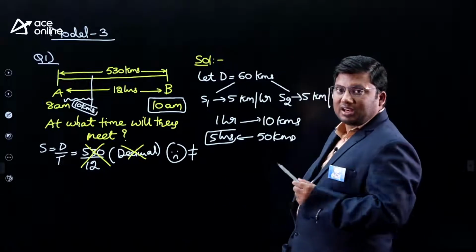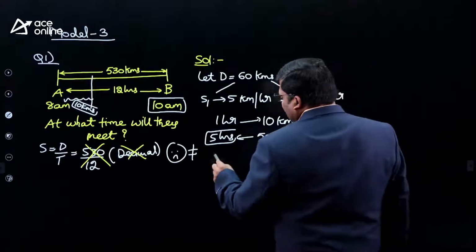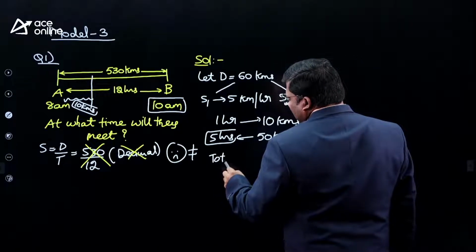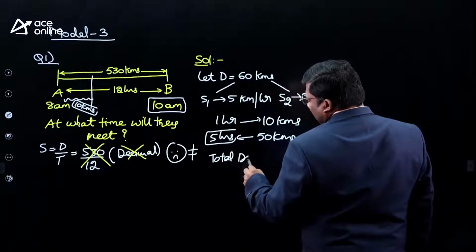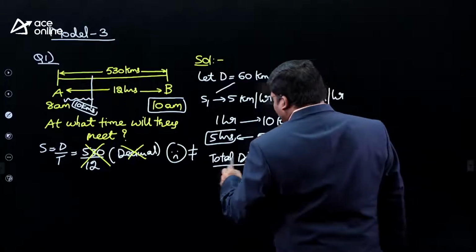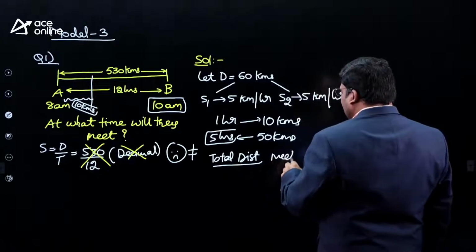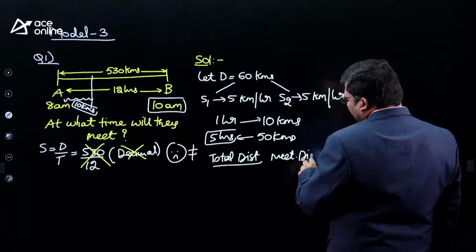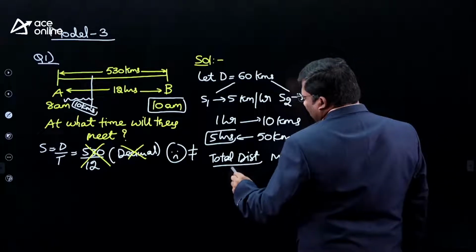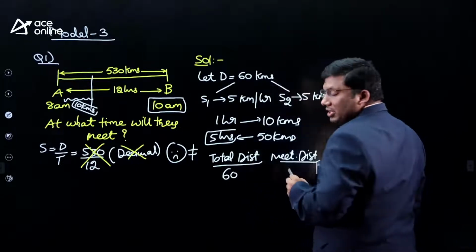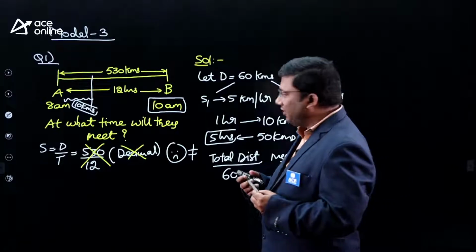Are you all with me, sir? Listen very carefully. I will write down two concepts here: total distance and meeting distance. If the total distance is 60, they will meet after 5 hours.